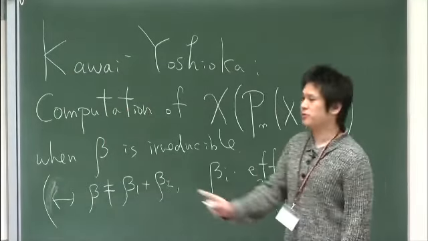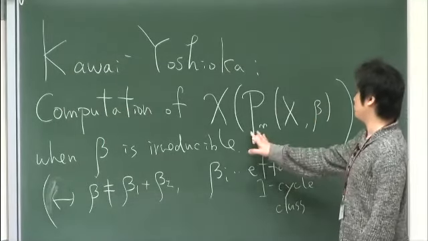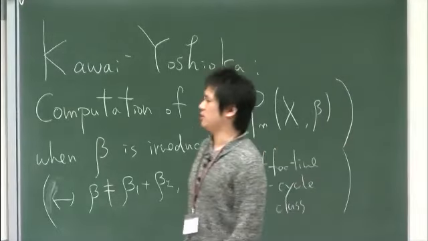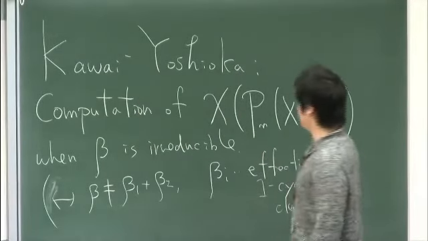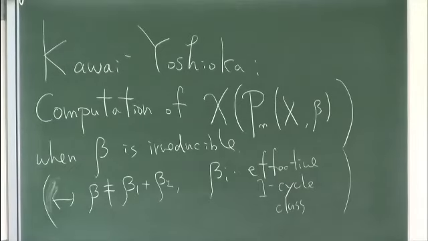This is a very strong assumption, and if you assume this, then you can understand the geometry of this moduli space explicitly and study its topological Euler characteristic. And I'm going to state the result in more detail.